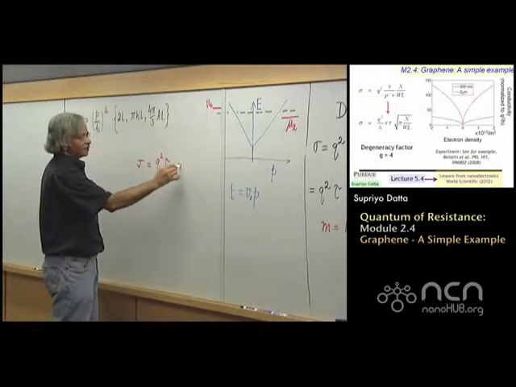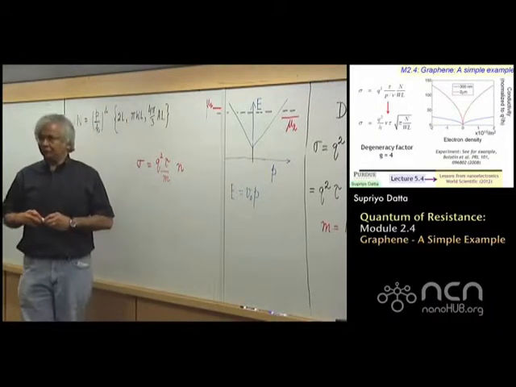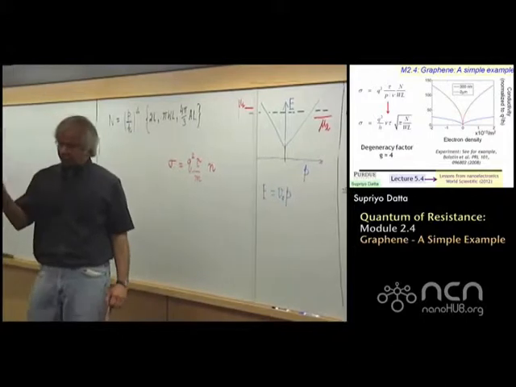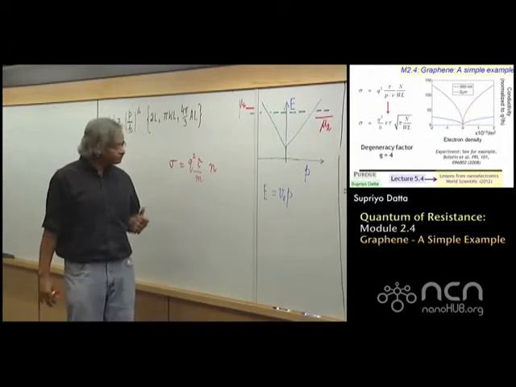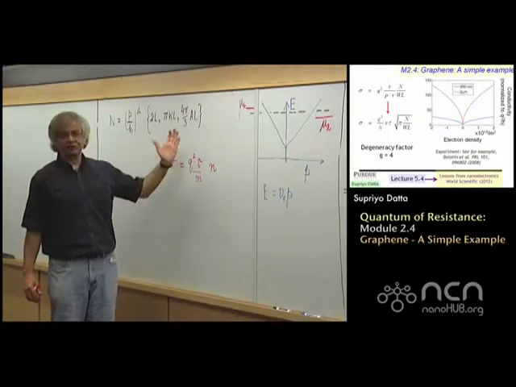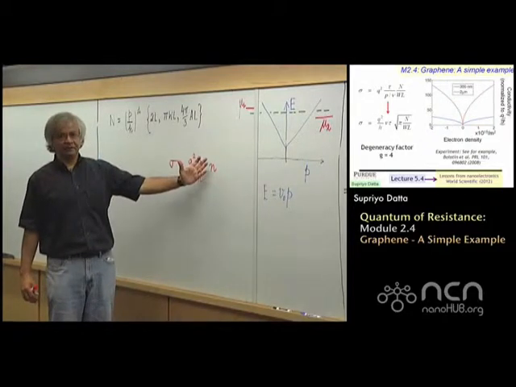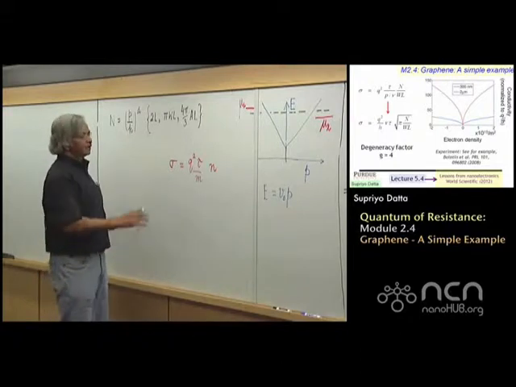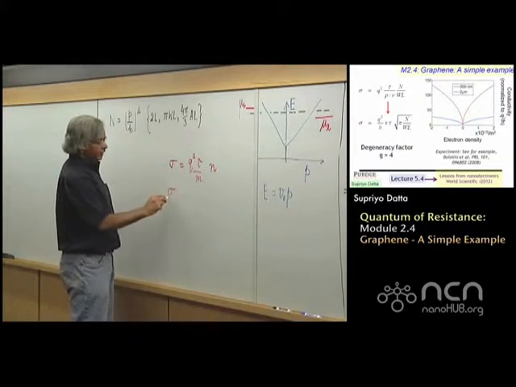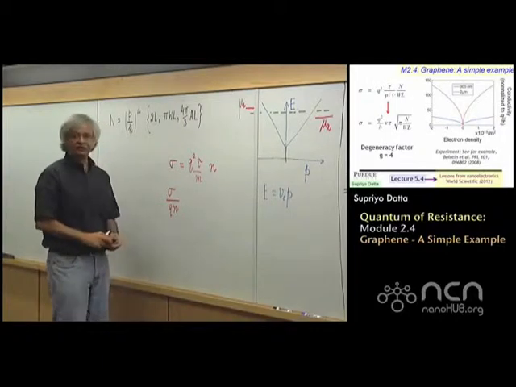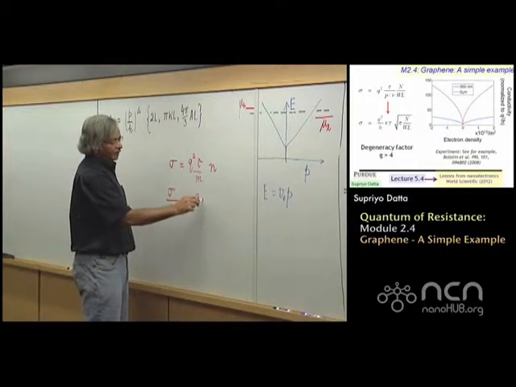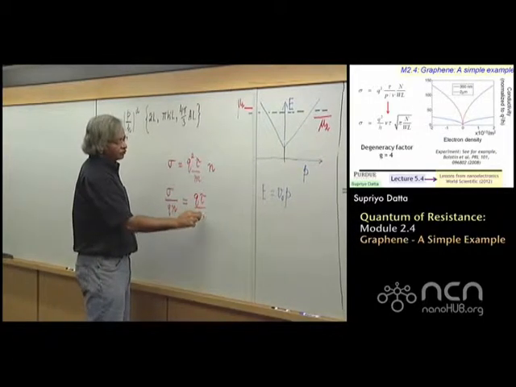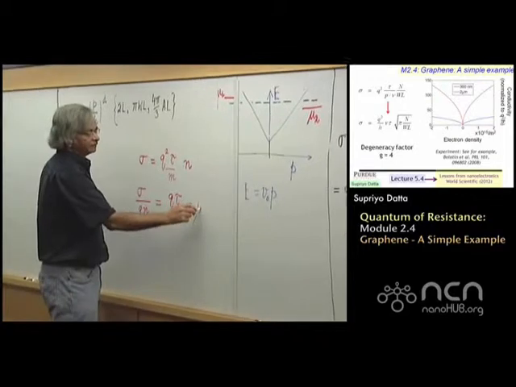of electrons, that is number of electrons per unit length if it's one dimension, per unit area if it's two dimensions, per unit volume if it's three dimensions. So this is the formula that you carry in your head, and often people take the conductivity and divide it by the carrier density, this electron density, and the quantity you get is what you usually call the mobility.